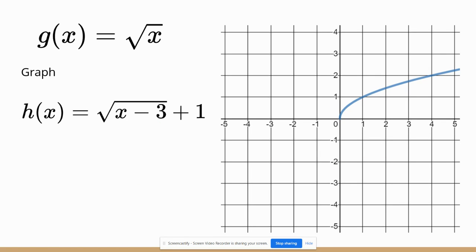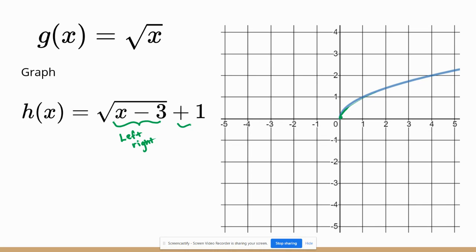Okay, we're going to try another one. We'll go a little more quickly. This is the square root of x graph. You should be comfortable with the square root of x, that it starts at (0, 0), and then continues upwards. So my new graph has a -3 that's attached to the x. So that's going to be a left-right change.